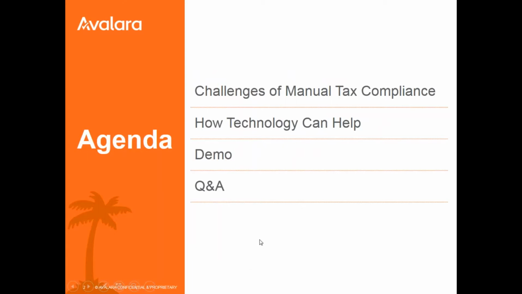So today on our agenda, and I do want to make this interactive, so please go ahead and flag or add some questions to the chat if you do have something as I'm going through things. What we really want to do is go through what your challenges are today, doing things in a manual way. And manual can mean many different things.